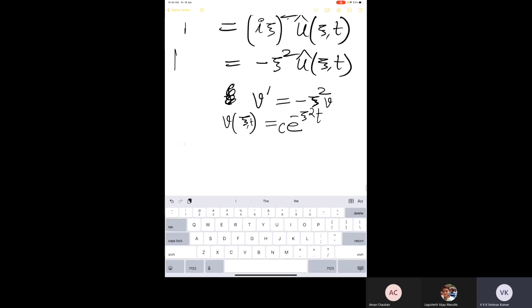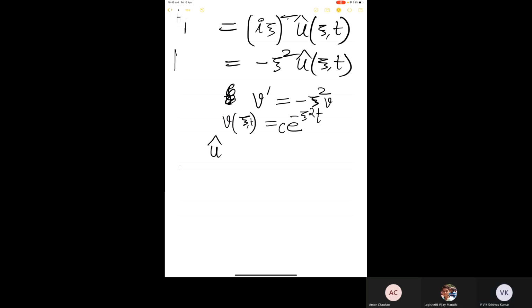Same thing here. What will happen here? This is what we get: u cap of xi, t is equal to a constant times exponential of minus xi square t.